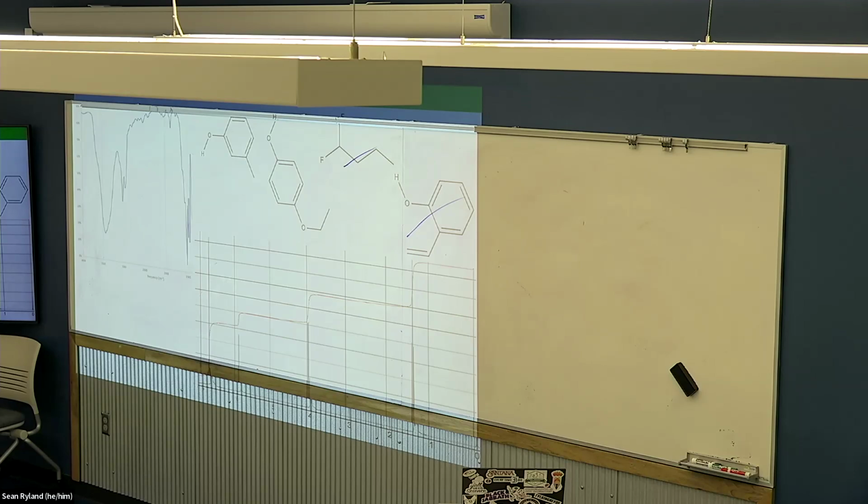They both have an alcohol, they both have an aromatic ring, they're both di-substituted on the aromatic ring. If one of them was di-substituted and the other one had three things attached to the aromatic ring, we could just use the integration on the aromatic ring to figure that out, right? Because one of them has an integration of 3, the other one has an integration of 4. But they're both the same, they both should have an integration of 4.